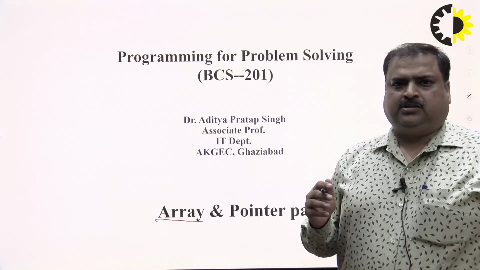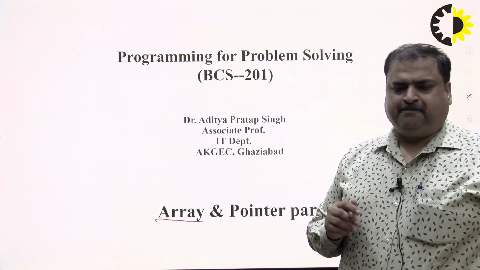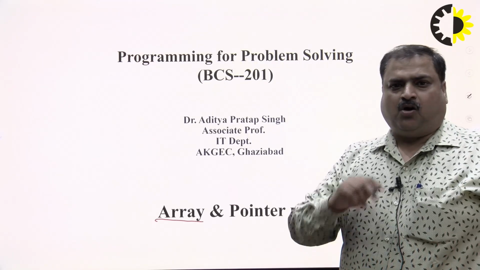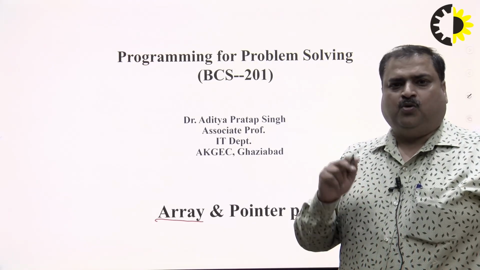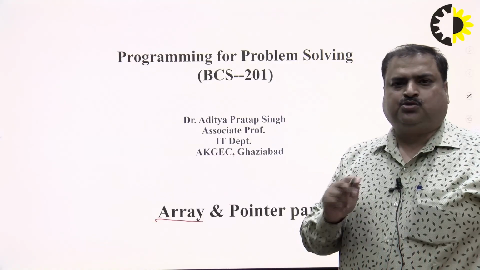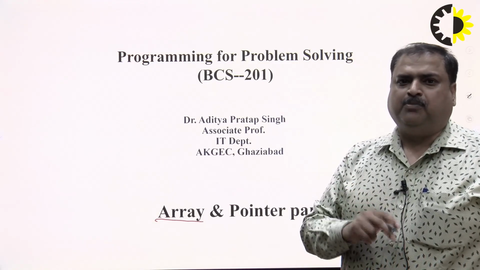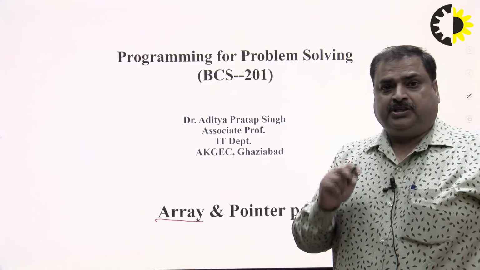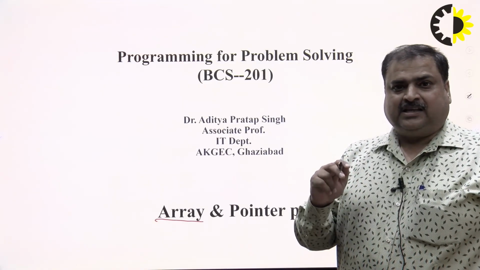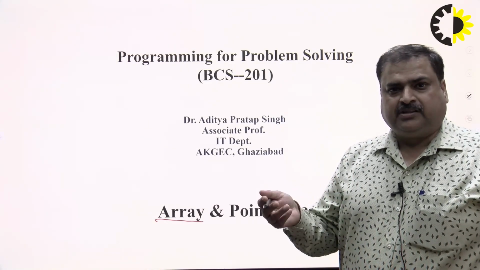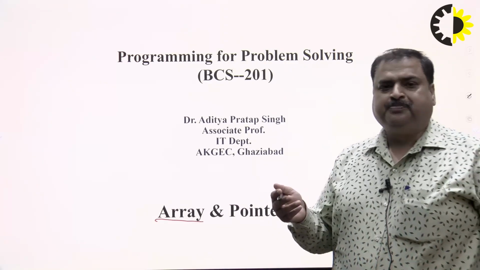So that was the basic concept of an array: an ordered set of homogeneous values stored in contiguous memory locations. How arrays are stored in memory, we have already discussed in part 1.